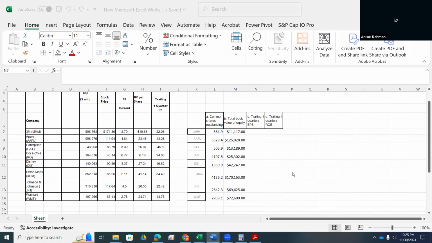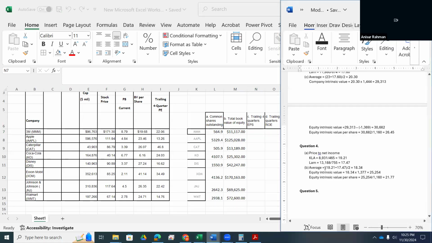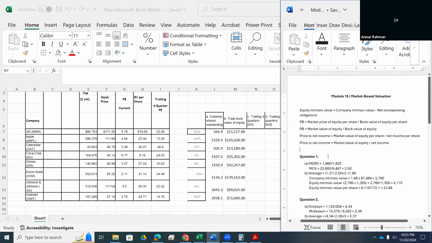I'm going to write this down here for you. So PE is price per share divided by earnings per share, in short, EPS.